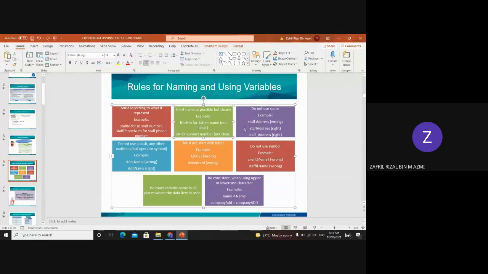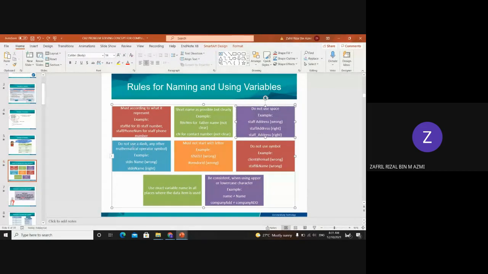Okay. So this is important. As I showed earlier, you cannot have a space in a variable or constant name. This is applicable for a constant as well, because a constant is a type of variable. So no space. If you want to put some space, you need to use underscore.